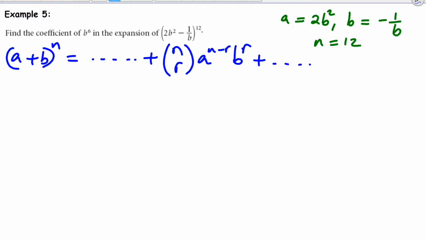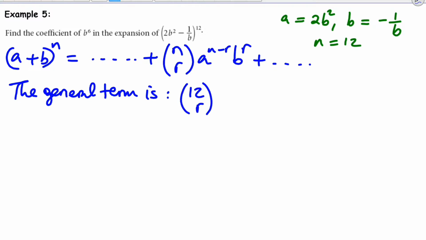So the general term is 12 choose r, 2b squared to power 12 minus r, negative 1 over b to power r.